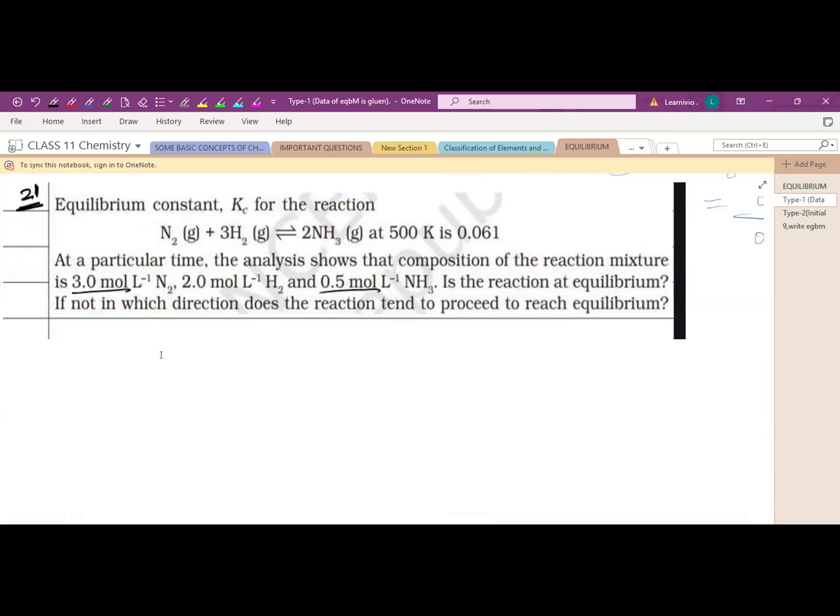If it is not at equilibrium, then in which direction does the reaction tend to proceed to reach equilibrium? Just quickly do this. Try this question.